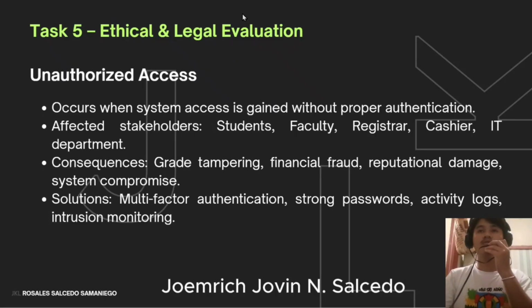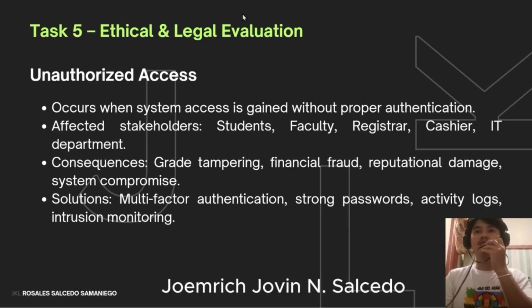And then unauthorized access. Unauthorized access occurs when an individual gains entry into the SSIS without valid credentials, allowing them to alter grades, manipulate payments, or view confidential records. This affects students, faculty, registrar, cashier, and IT team by compromising trust and system integrity.